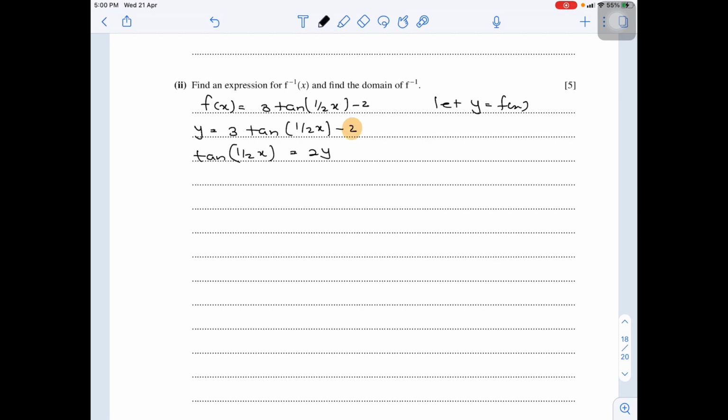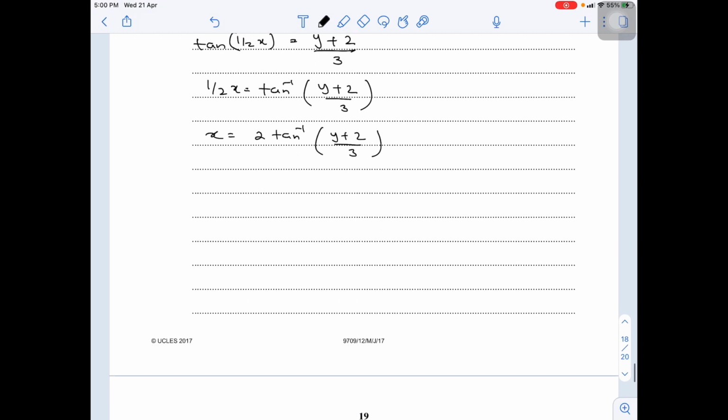So I'm setting 2 to the other side first, so that's y plus 2, and then I send 3 to the other side. So tan(x/2) is (y plus 2) over 3. So x/2 is tan inverse of (y plus 2) over 3. So x is 2 tan inverse of (y plus 2) over 3.